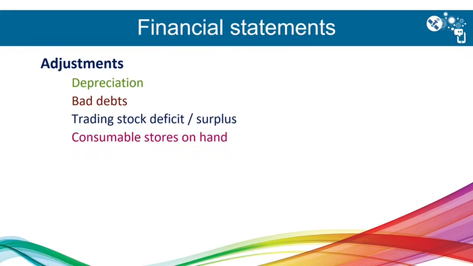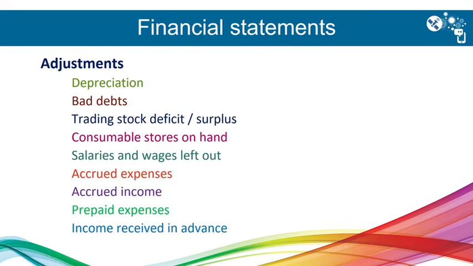Consumable stores on hand, the stationery or the packing material or the consumables that we still have on hand. If there's a worker left out of the salaries or wages journal, that can also be an adjustment. And then these four: accrued expenses, accrued income, prepaid expenses, and income received in advance. Those four. Nothing new to you. We've already introduced you to these adjustments.